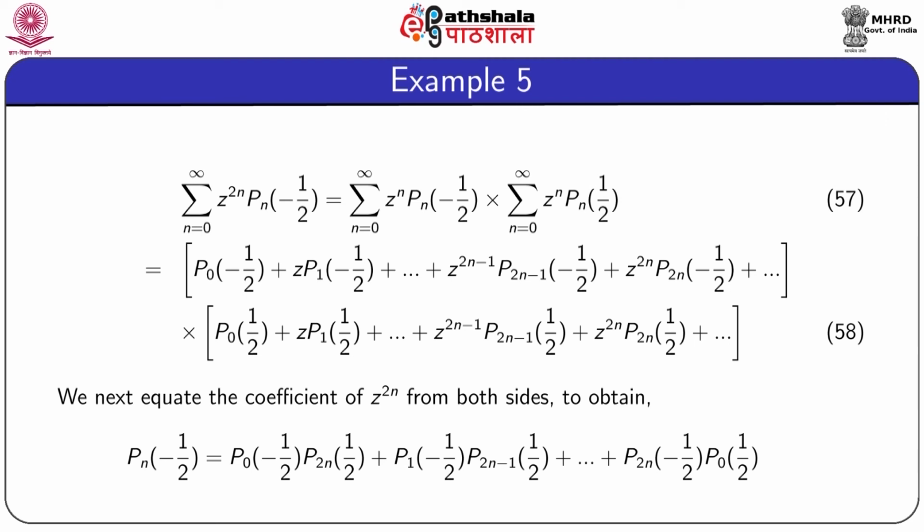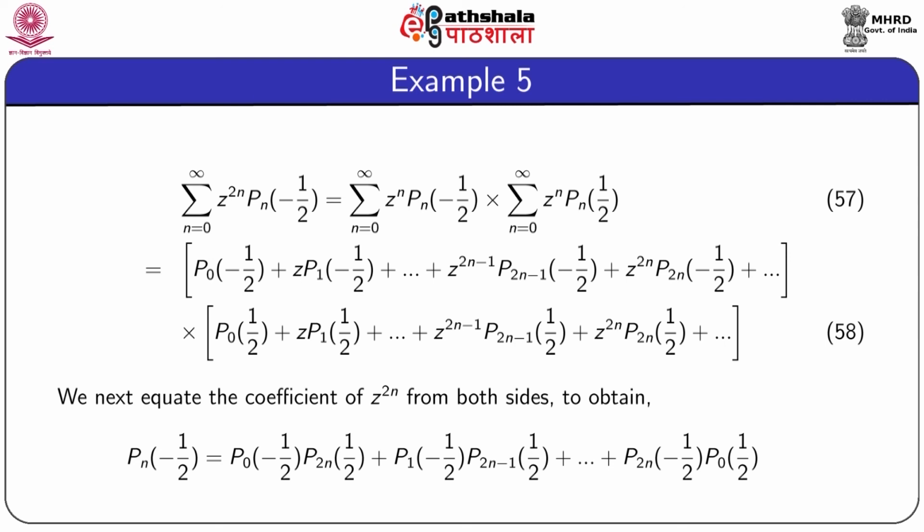From the left hand side of expression 60, it is clear that the coefficient is P_n(-1/2), whereas on the right hand side, please note that if the first expression P_0(-1/2) is multiplied by z^(2n) P_{2n}(1/2), only then you will be getting a coefficient of z^(2n).